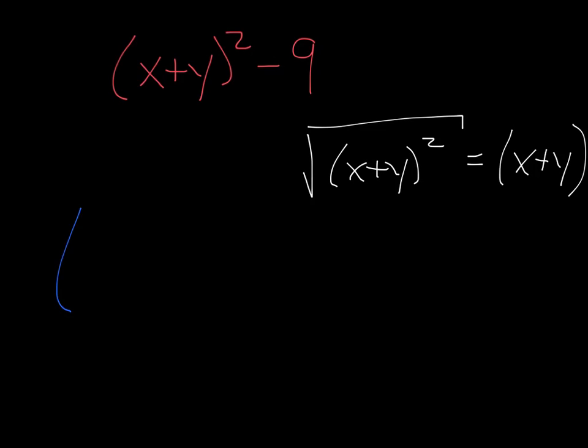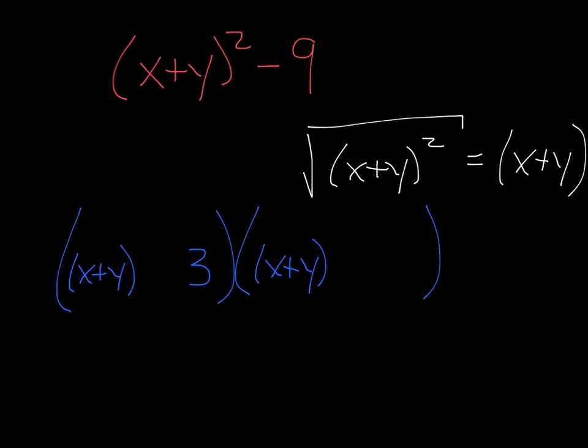So we would have x plus y and x plus y, since that's the square root of the first term. We'd have the square root of 9, which is 3. One gets a plus, one gets a minus. And you should always check to see if there are things that you can simplify, and none of these are like terms, so we can just leave it like this.